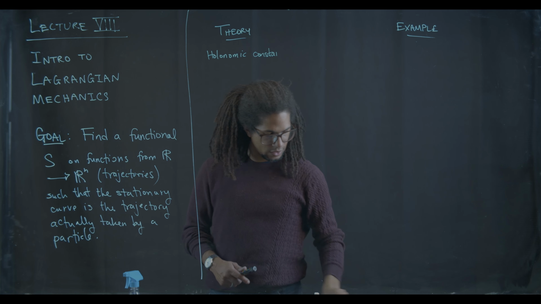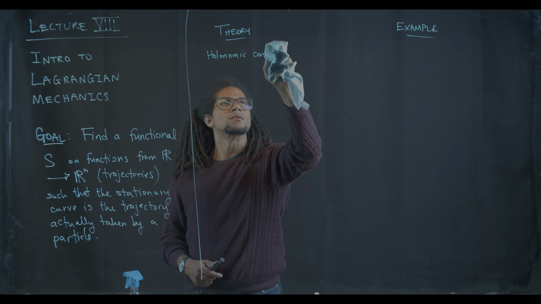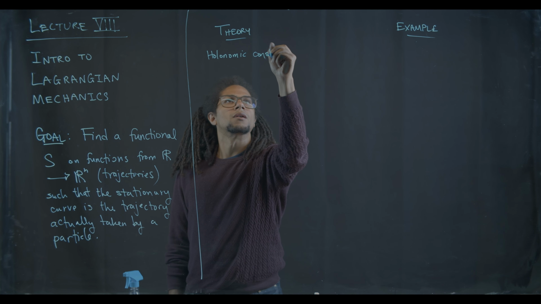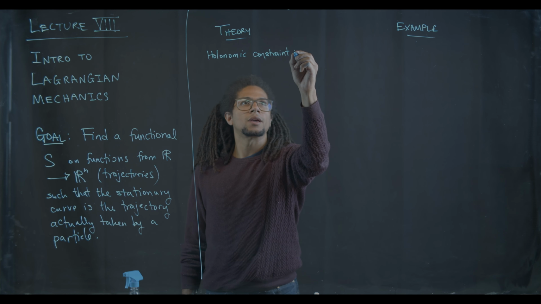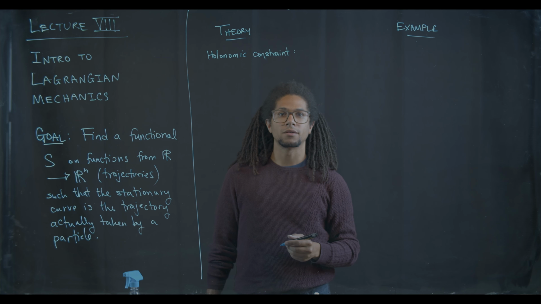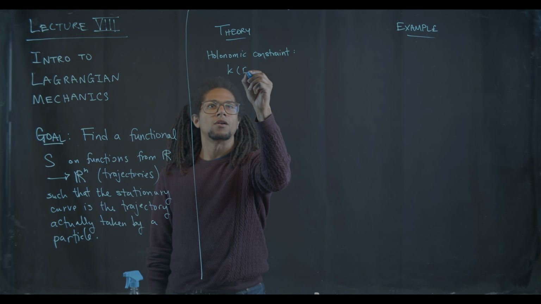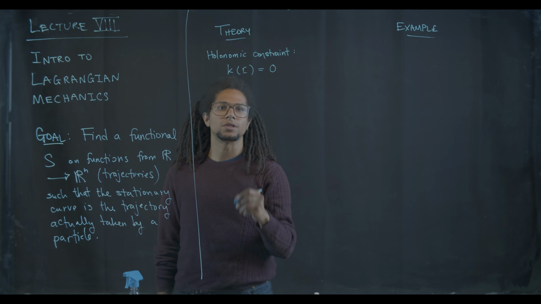Constraint. So let's say that this system lives in R^n. I want to find a function k on R^n such that k of r is equal to 0.